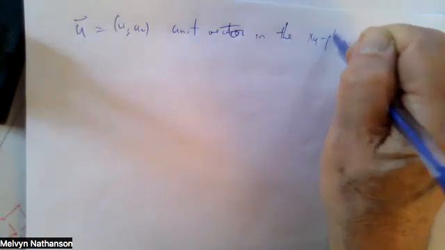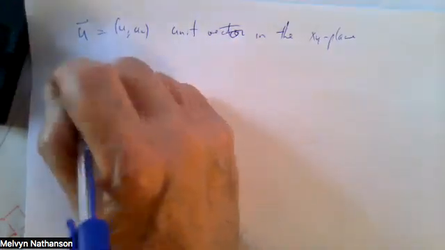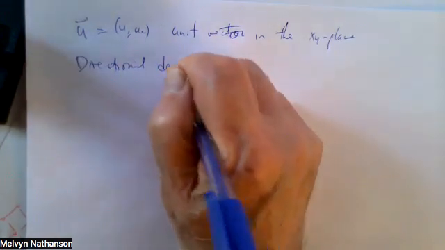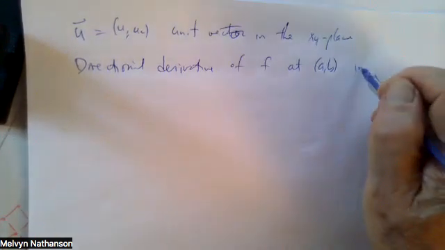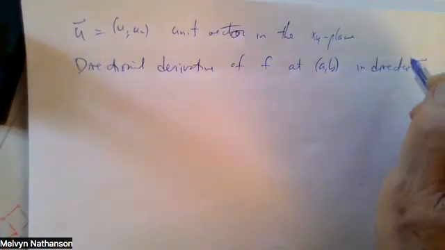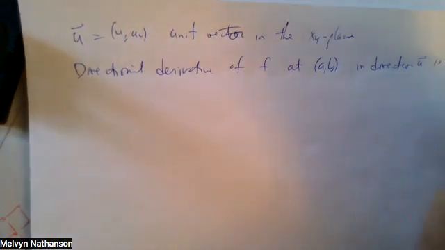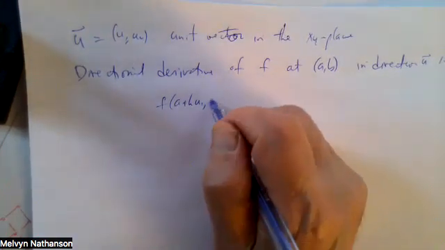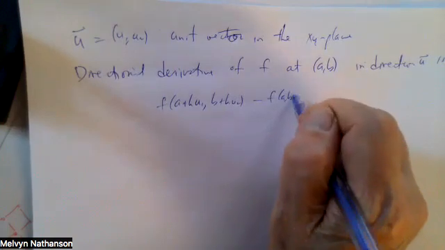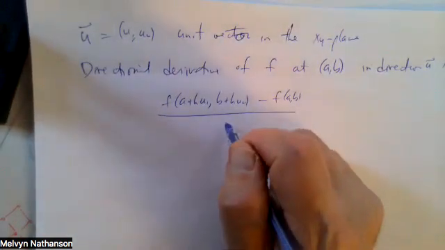So if we have u1, u2, a unit vector in the xy plane, the directional derivative of f at the point A, B in the direction of this unit vector u is f of a plus hu1, b plus hu2 minus f of a, b, divided by the distance between these two points in the plane, which is h.